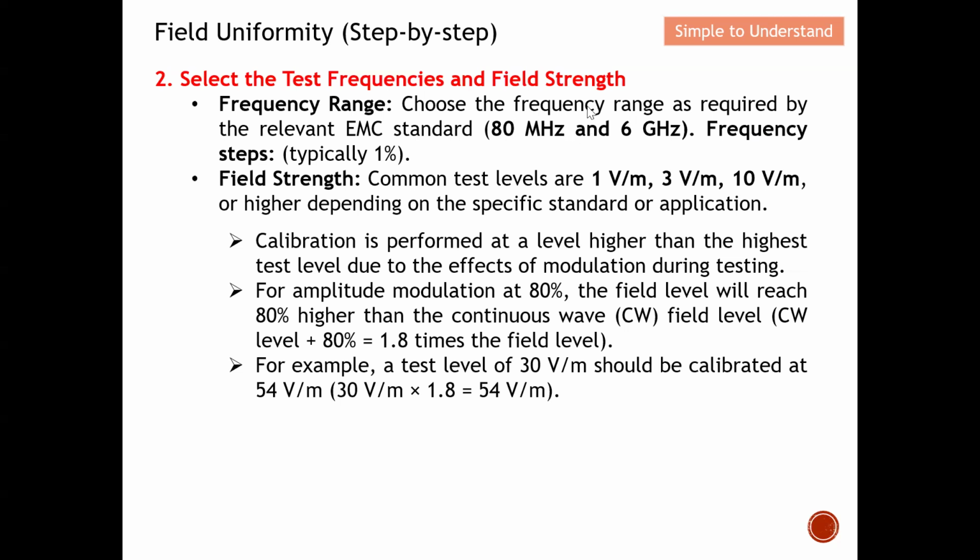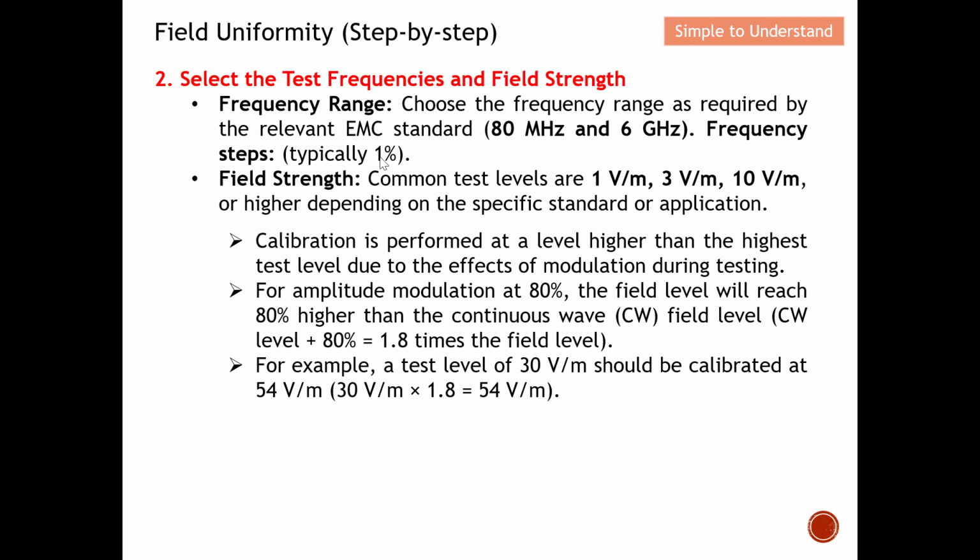That will be the second test measurement. So this is the second step: we select the frequency range and decide the frequency step. The smaller the number, the more detailed the test you're going to do.